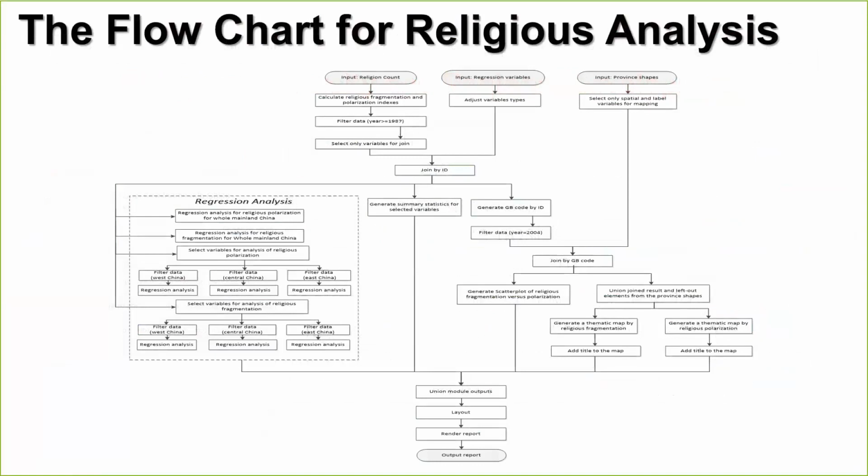Those data will be integrated with different tools, with Excel, with statistical software, and the GIS software, to do spatial statistical analysis, spatial modeling, and generate charts, tables, and maps. That's the workflow, the flow chart for the paper.